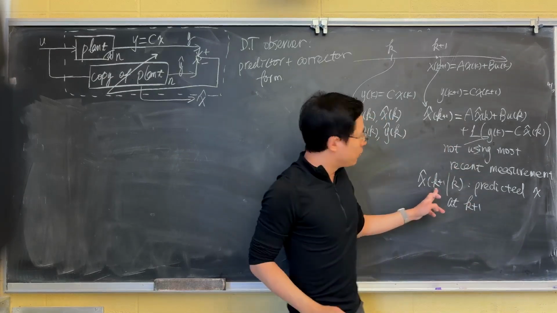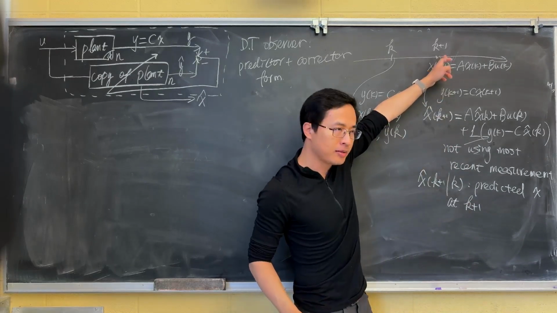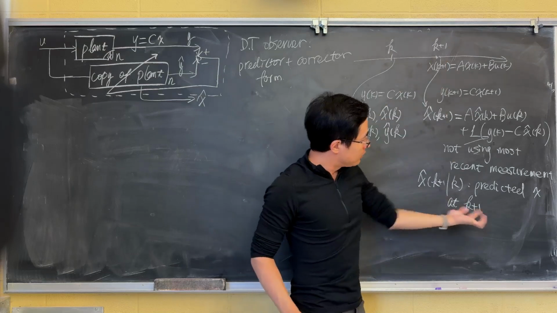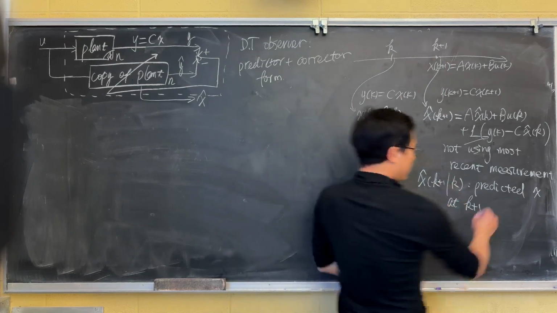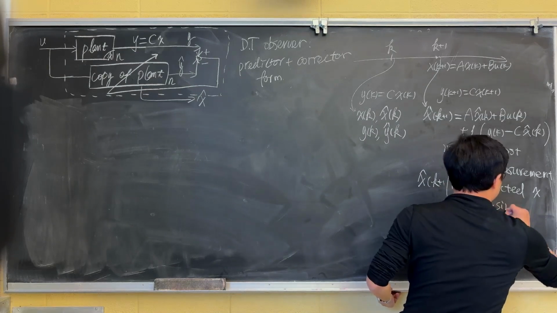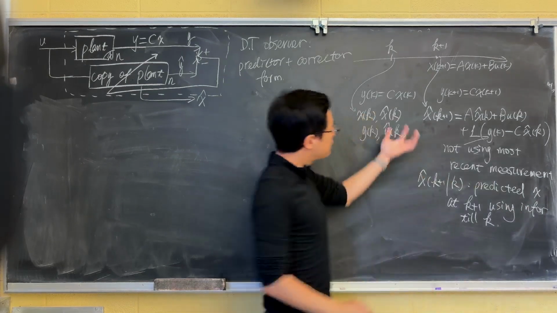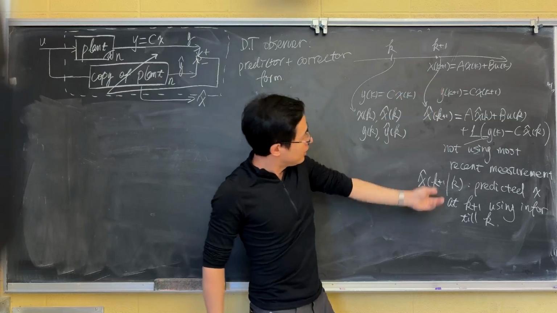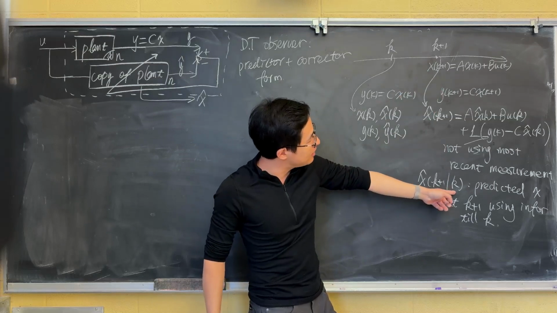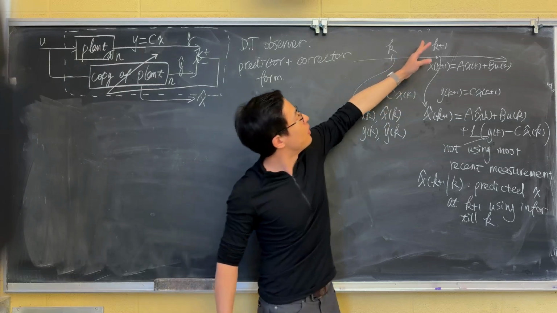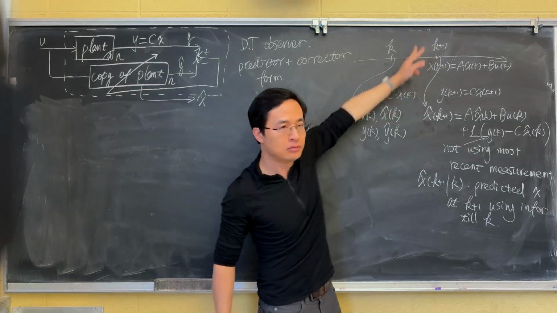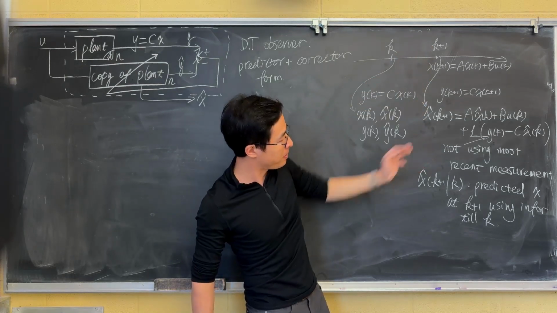So we are still at this time k plus 1 time index, and we are trying to do a state estimate. But slash k means using information till time k. So x hat k plus 1 slash k means that I'm trying to use whatever I have before here to do my state estimate.